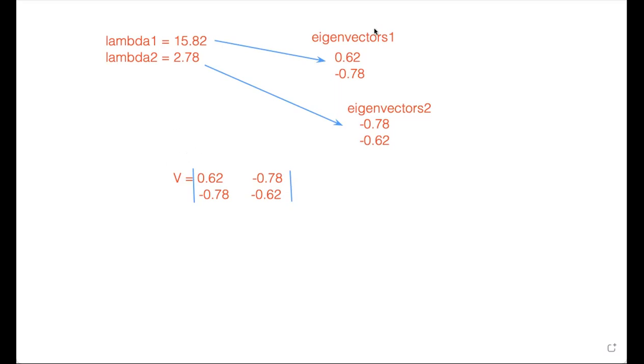Then after that we can transform the original features into the principal components by using this formula, (x minus x bar) dot V[:, 1:], because we choose the eigenvector that corresponds to the 15.81 eigenvalue. That's why we use the 1 here.